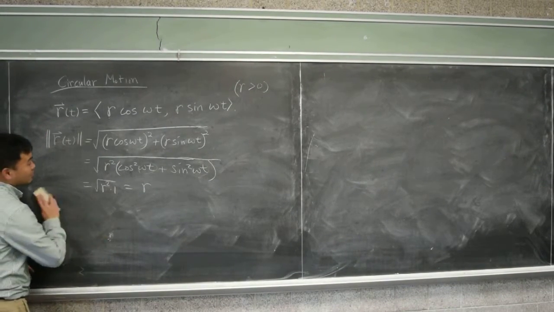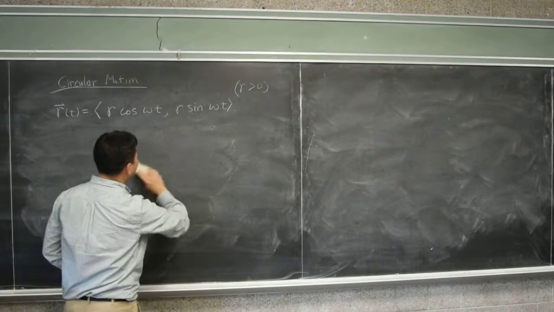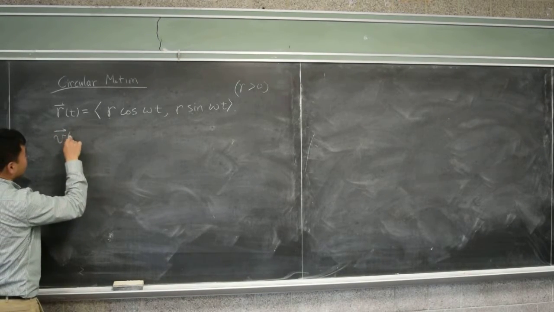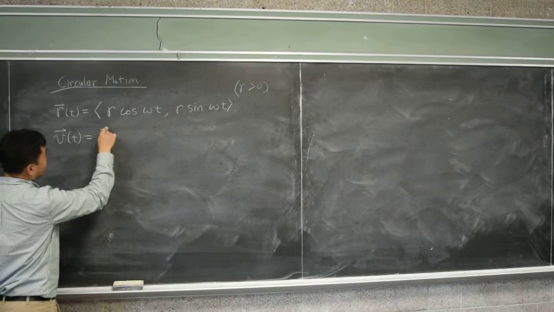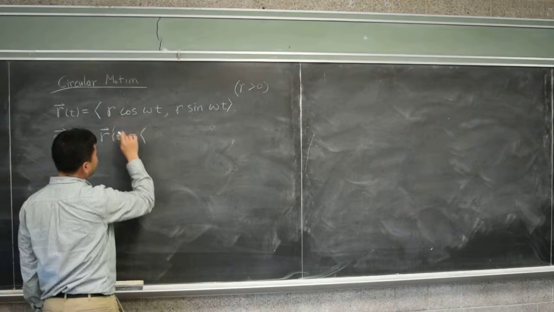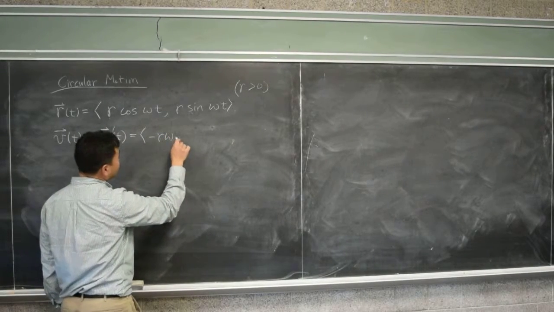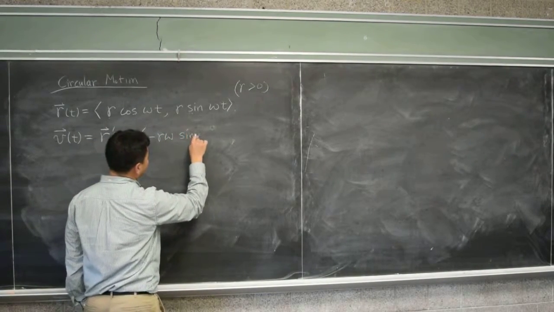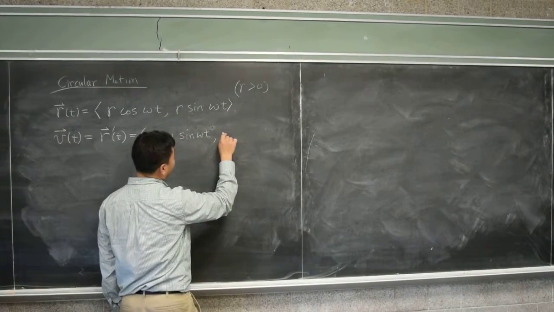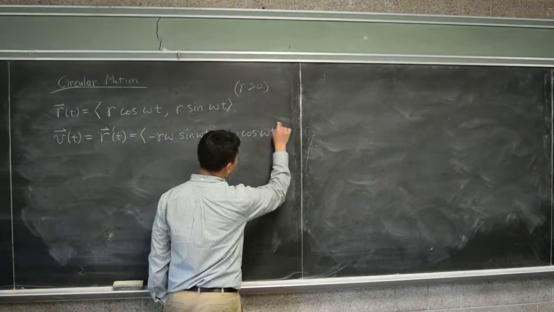Now, to see that this is really constant speed, let's find the velocity. That's the derivative, right? Which is negative r omega sine omega t, comma, r omega cosine omega t.